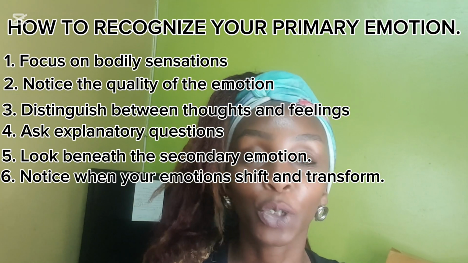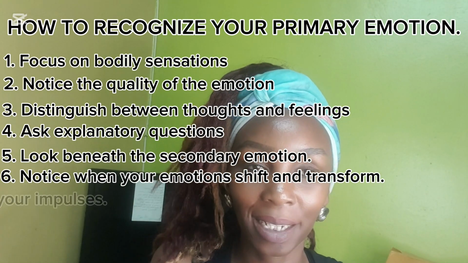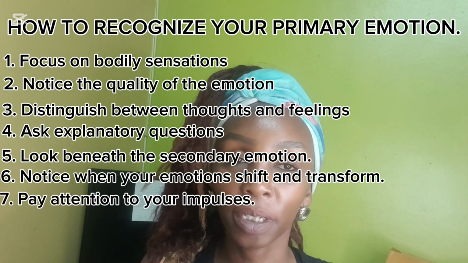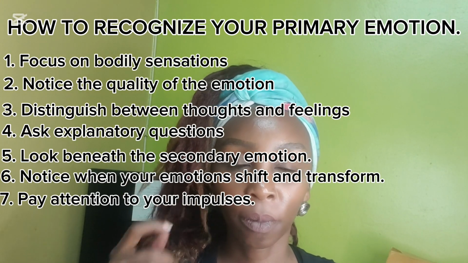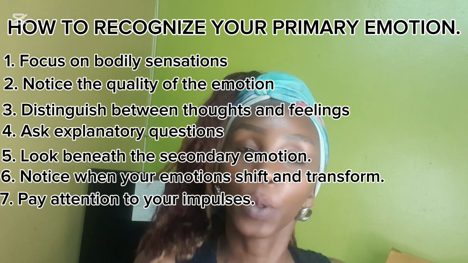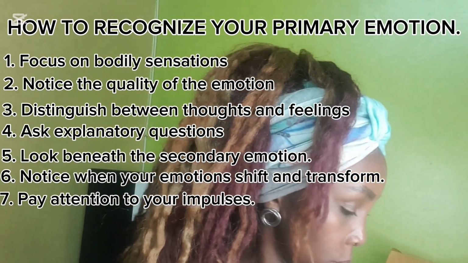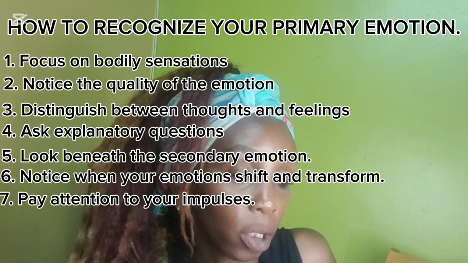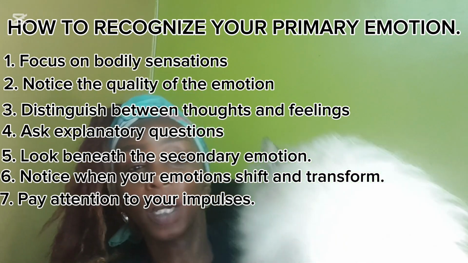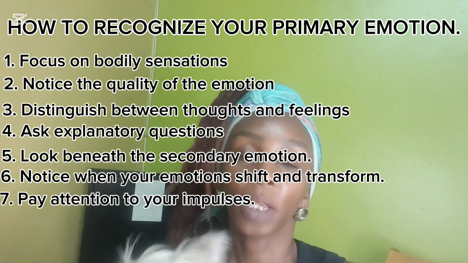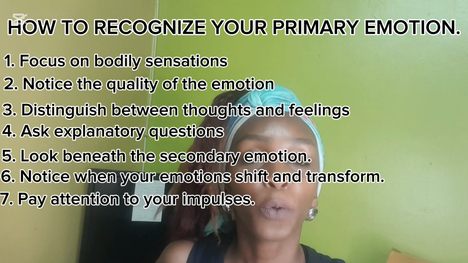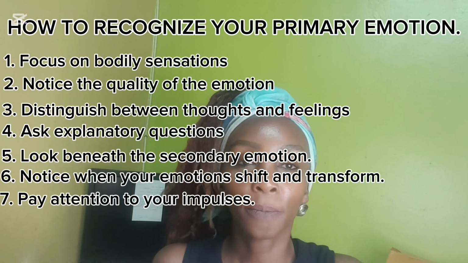Number 7, pay attention to your impulses. That is self-explanatory. Pay attention to what you do, how you do it, when you do it, where you do it. Like addictions, things like addictions, you have to notice with addictions, they are fueled with places, people, and things.